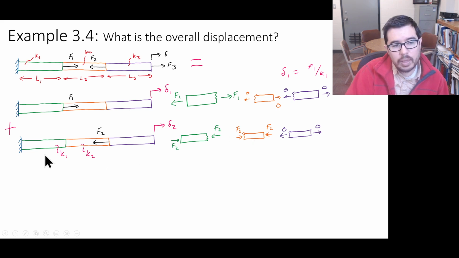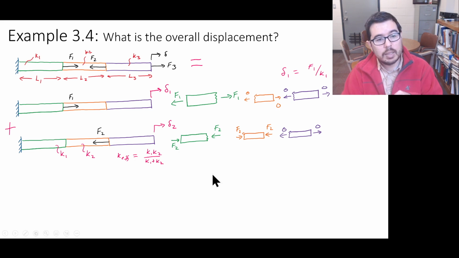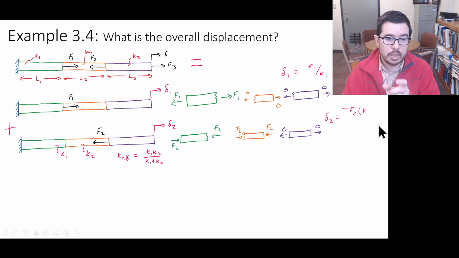So if we figure out the effective spring constant of these two members, which are two springs in series, we've done this now a few times, K effective is K1 K2 over K1 plus K2, then we can calculate the resulting deformation here. Okay, so delta 2 is equal to minus F2 times quantity K1 plus K2 over K1 K2, as you see here.